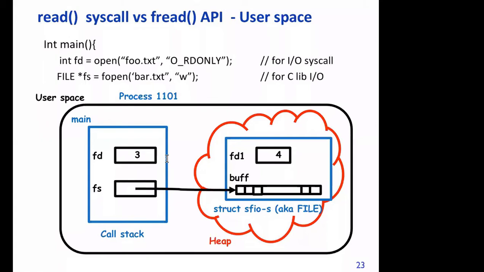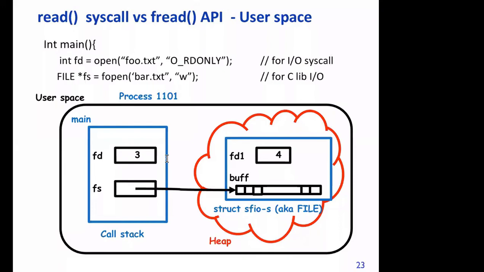When we use a stream or library call, fs, which is of type FILE star, we use fopen, then we define the file name, and let's say the mode is w.